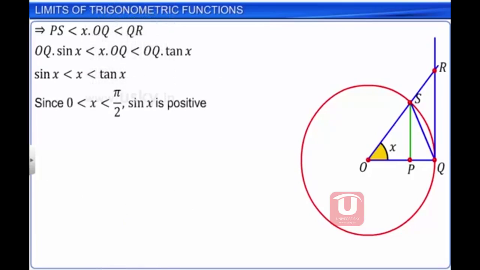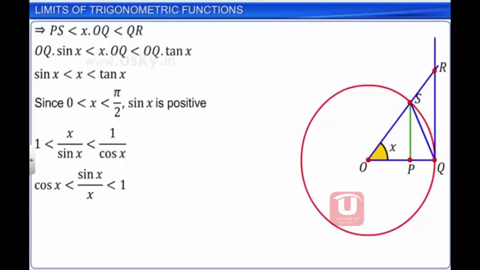Dividing throughout by sin x, we get the expression as shown. Taking reciprocals, we arrive at the expression shown. Here, we can see that the function sin x divided by x is sandwiched between cos x and 1.